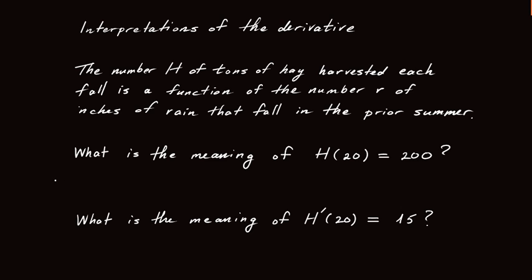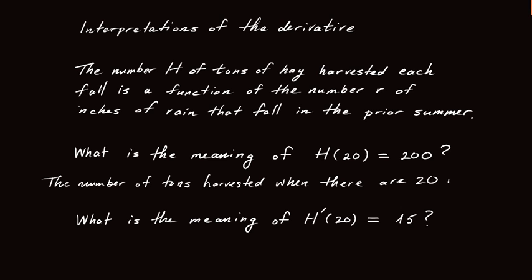So the interpretation here is the number of tons of hay produced or harvested when there are 20 inches of rain equals 200.